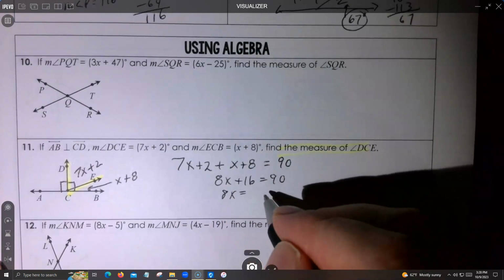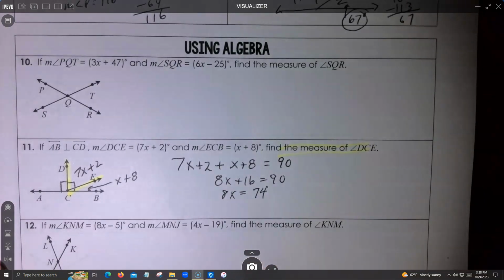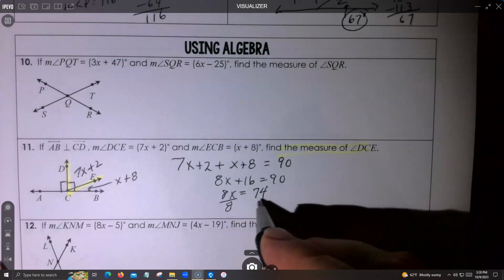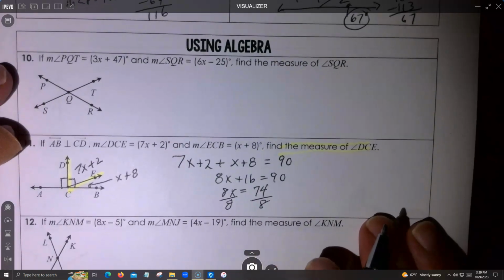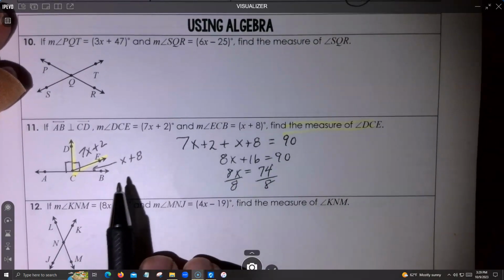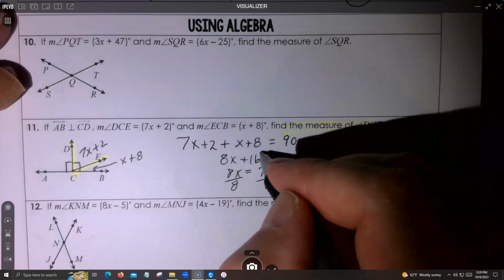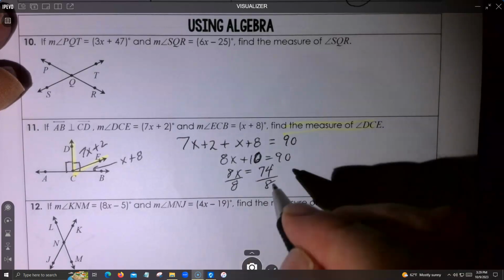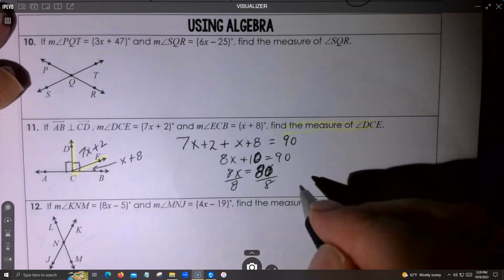Wait, I said 16, why do I have 16? I must be really tired today. All right, so 8x equals 80. And then 80 divided by 8, that's 10.